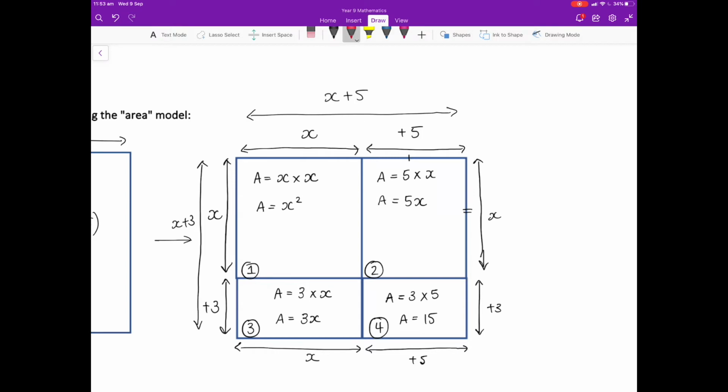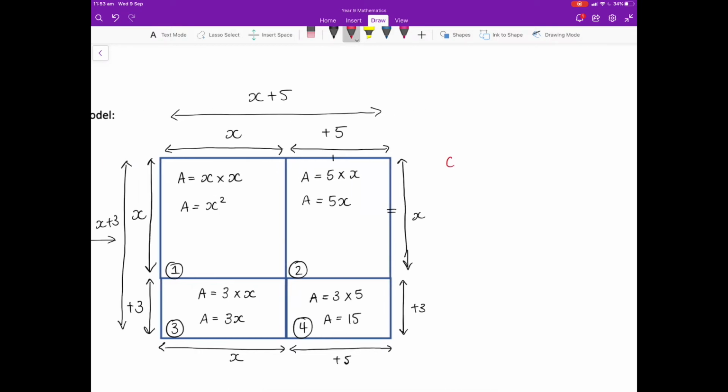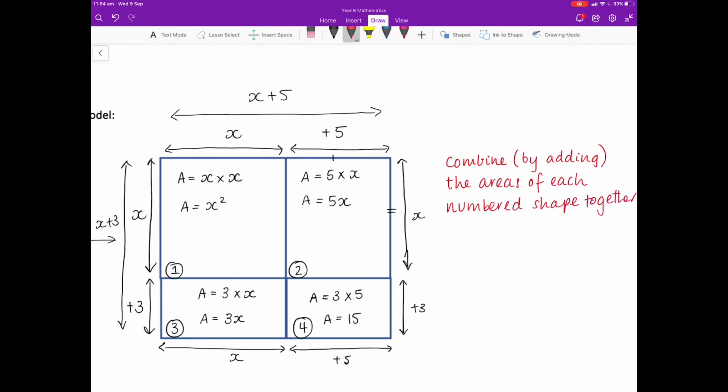So what I've written here is that now we're going to combine through addition the areas of each of the numbered shapes together and then simplifying the expression that results from that.